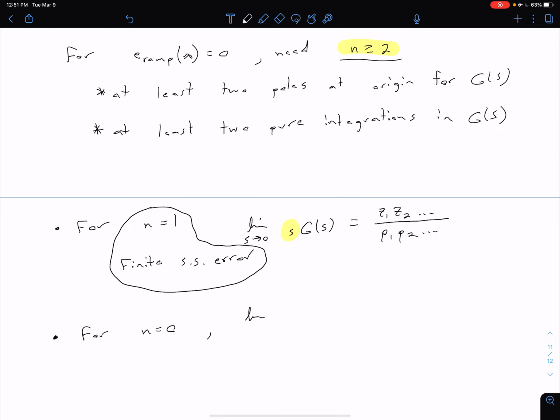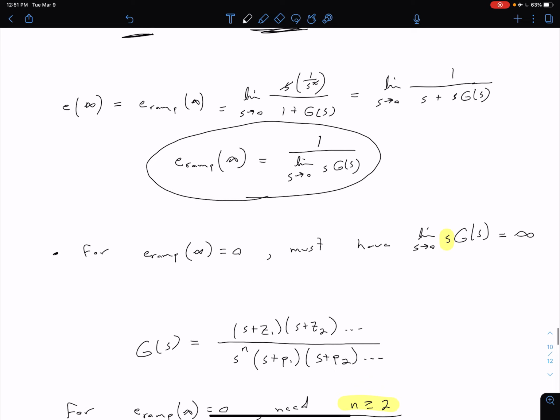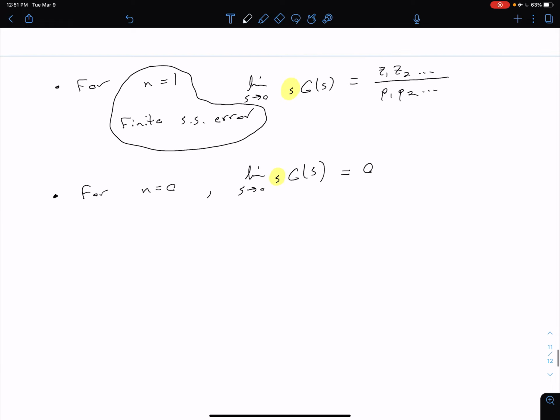So we have the limit as s goes to 0 of s G(s). And now we have this s out front, which is not being canceled out by anything. So ultimately, this is just going to be 0. And so we go back to this equation up here, and if we plug in 0 for this limit, we have 1 over 0, which is going to be infinity. So in that case, we have an infinite steady state error.